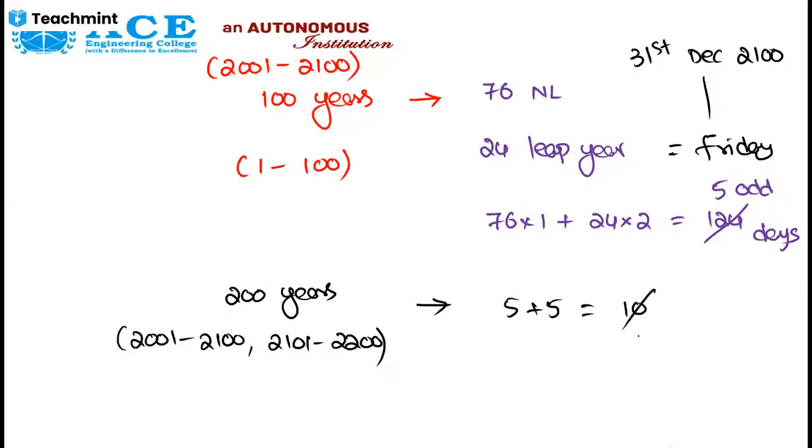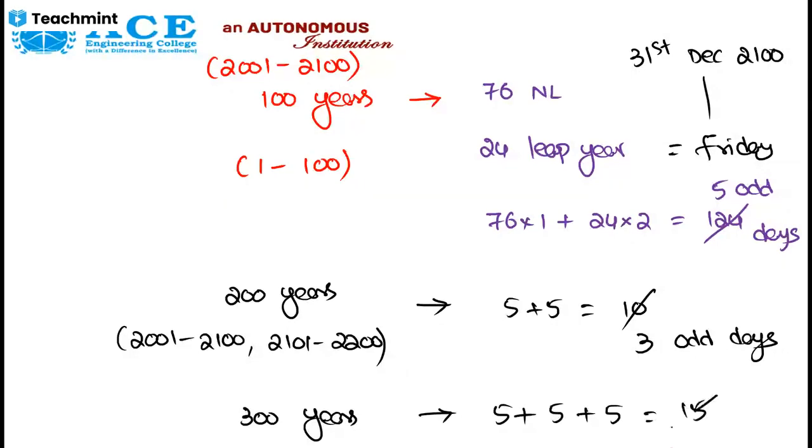But odd days should not be more than 7, so we can say this is 3 odd days. Similarly for 300 years, we get 5 plus 5 plus 5, 15, so we got 1 odd day.